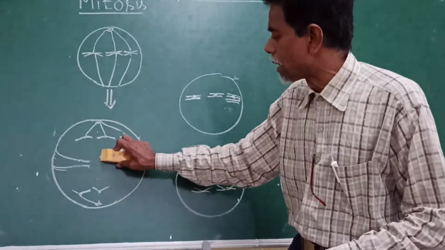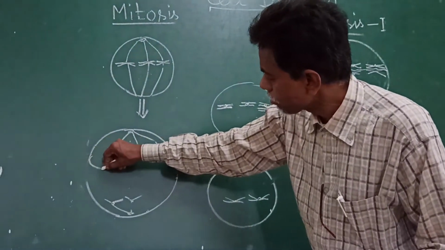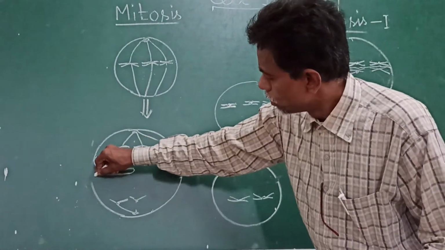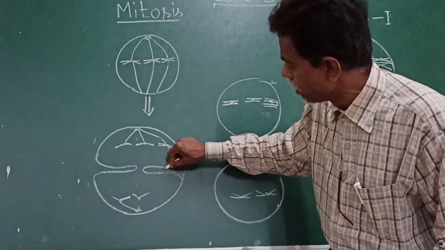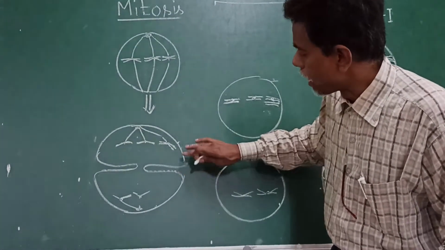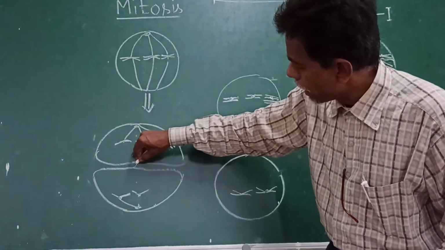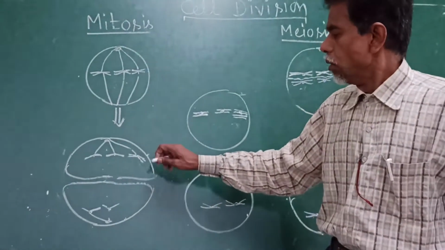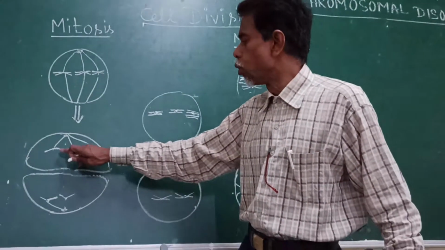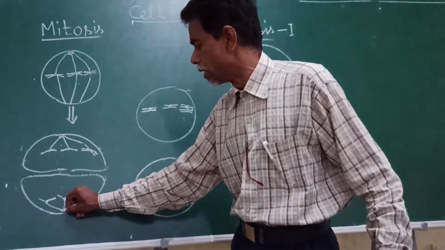And after that the cytokinesis takes place, so the cell will start dividing after nuclear division. Further, as a result, it divides into 2 cells. Now, this cell has 2 chromatid and 1 full chromosome, whereas this cell has only 2 chromatid.